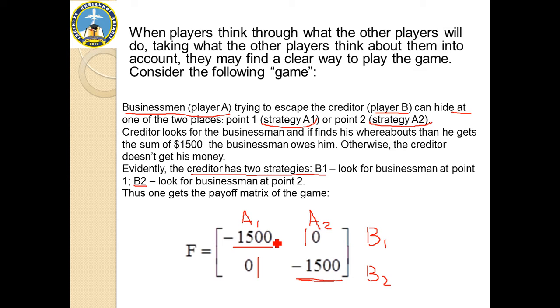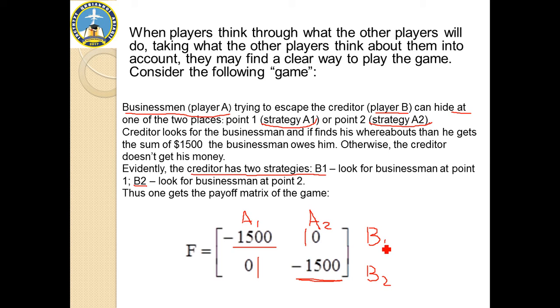In pure strategies, this game has two solutions, but we can also solve this game in so-called mixed strategies, when player A, the businessman, and the creditor start randomizing their whereabouts. Like when the businessman picks the hiding point at random, either A1 or A2.